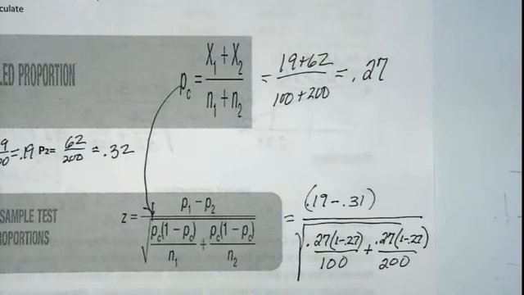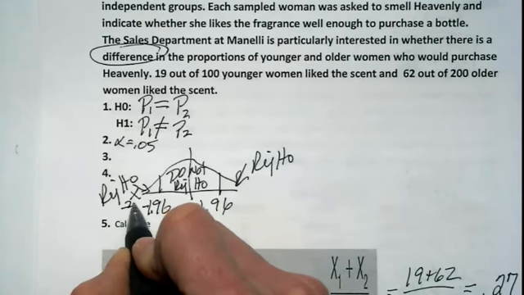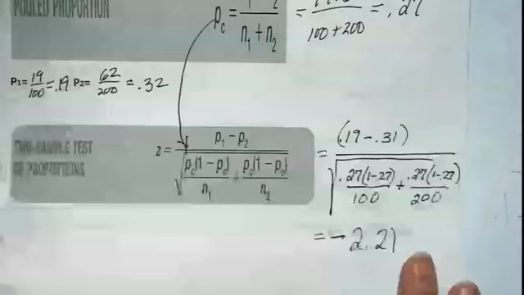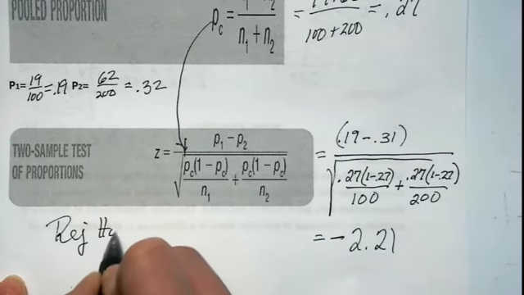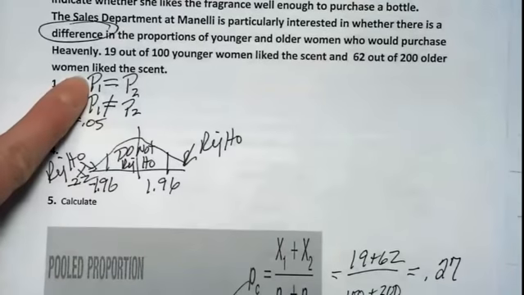When you do this calculation, you have a negative 2.2. You might want to pause it because I think it's going to take you a minute or two to put that on your calculator. You plot that. Negative 2.2 is in the rejection area. So our conclusion is reject the null hypothesis.